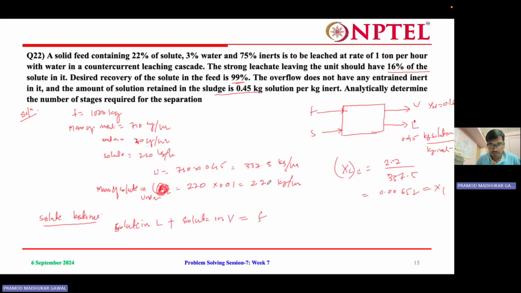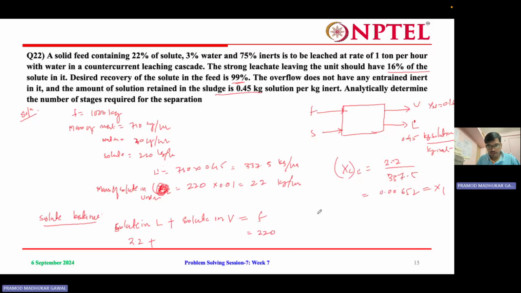The solute in the feed is 220, and solute in the underflow is 2.2.